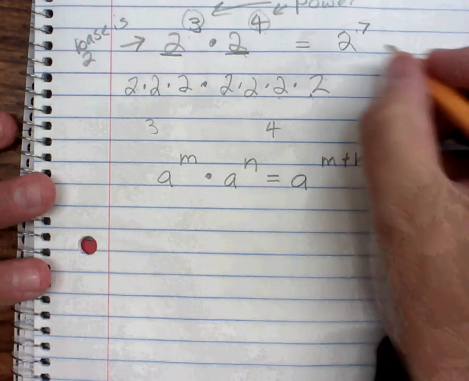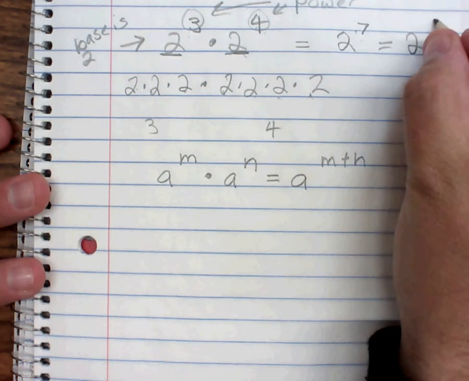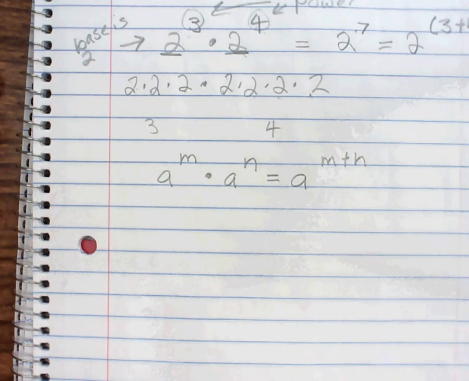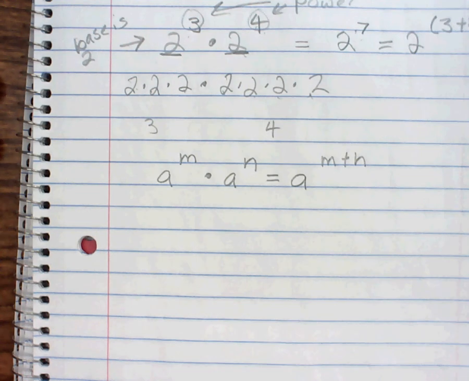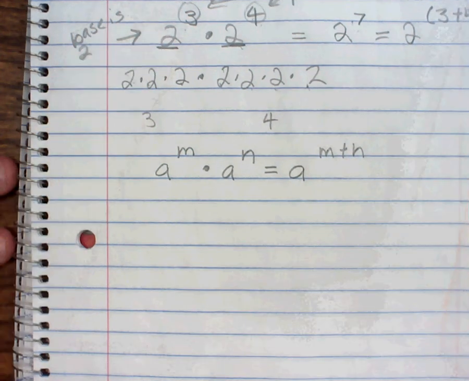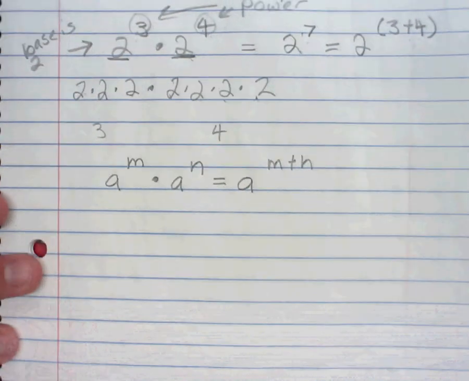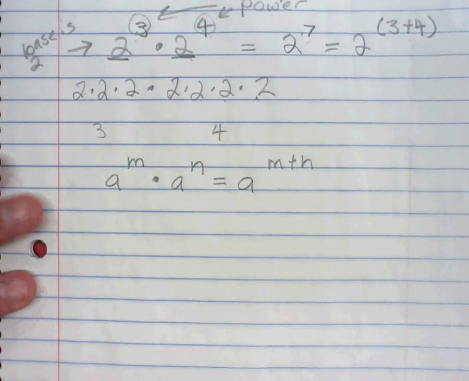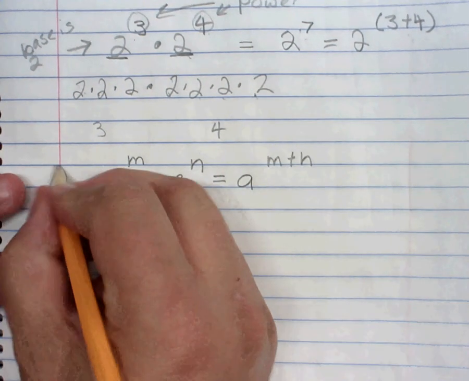In other words, isn't 2 to the 7th the same as 2 raised to the 3 plus 4? Is that the same? Now, we're going to do 2 rules today. One is when you raise a power to a power, and the other one is when you multiply an exponent times another exponent. So this is the first rule. Okay? We'll come back to that in a second.